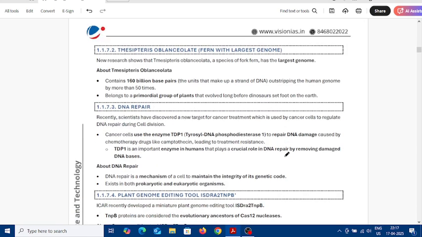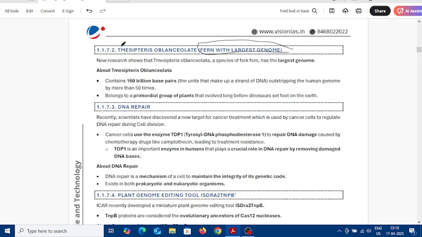देन वी हैव Tmesipteris oblanceolata, the fern with the largest genome. Okay, this is the fern with the largest genome. इसका scientific name थोड़ा सा अतरंगी है. Tmesipteris oblanceolata.